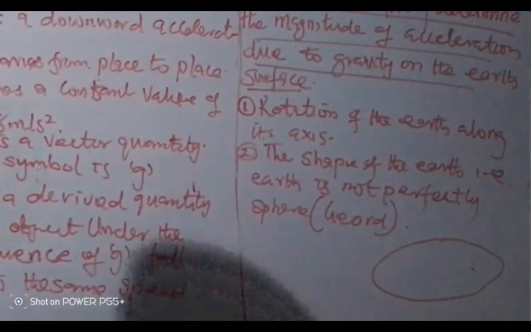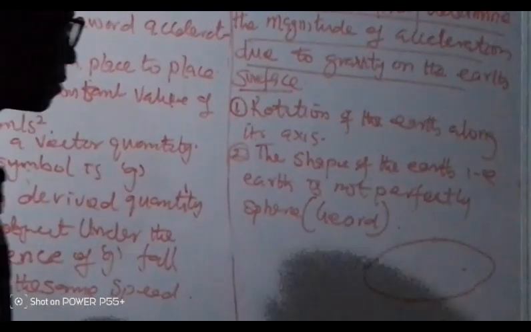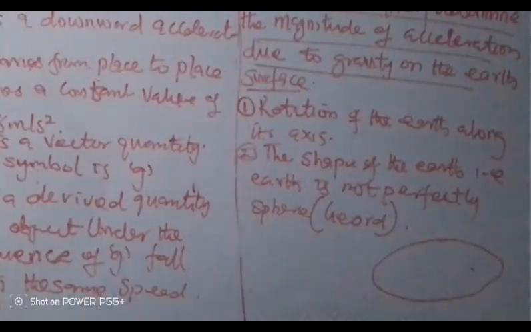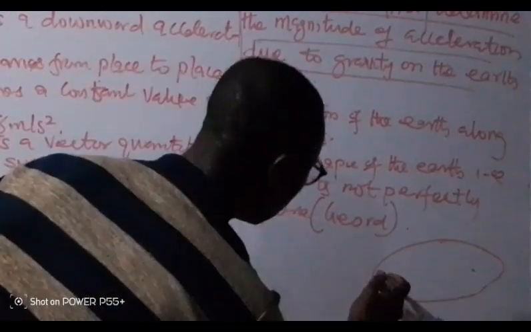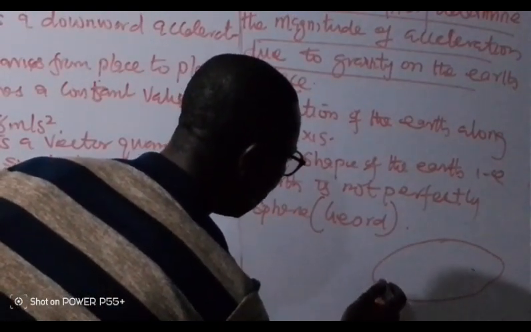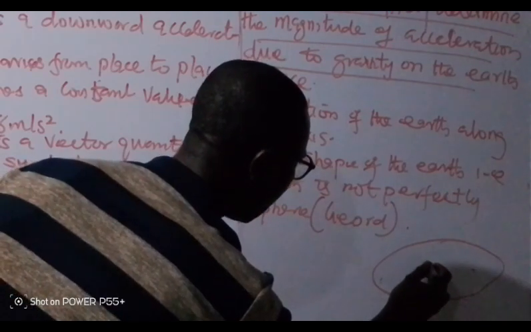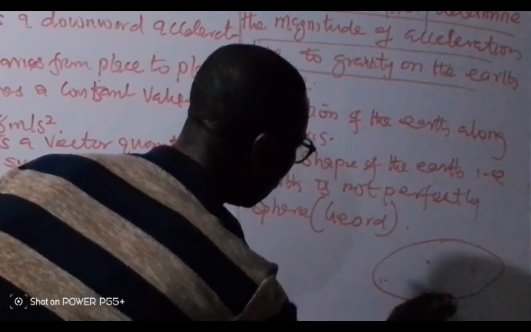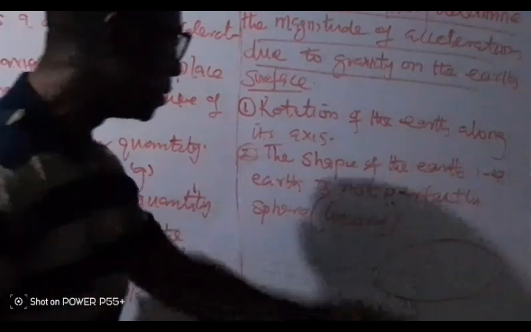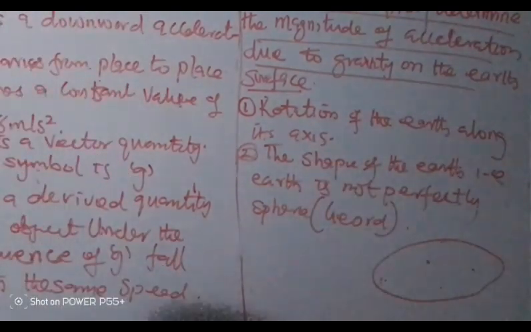So the fact that the Earth is not perfectly spherical affects the value of g. Therefore, for any position located at this place, the value of g compared with here will be different. As you move on the Earth's surface, you have different values of acceleration due to gravity due to the shape of the Earth.